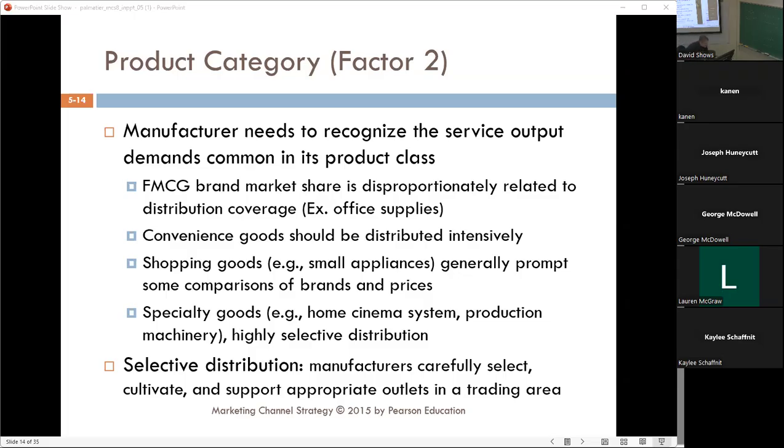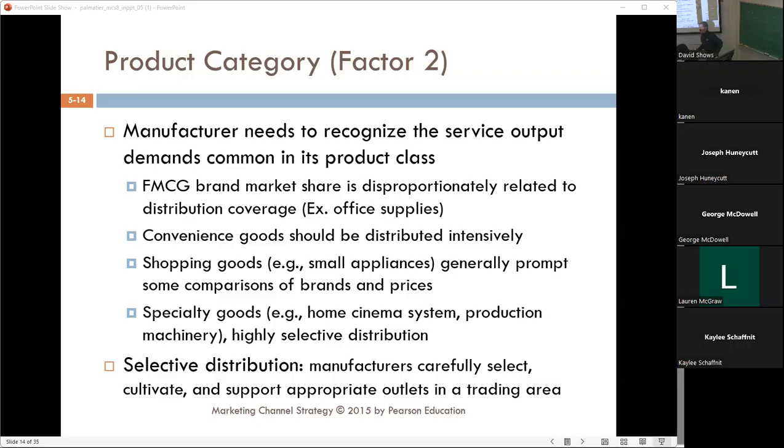The next is shopping goods. And shopping goods prompt comparison. Usually these are goods that are more complex.